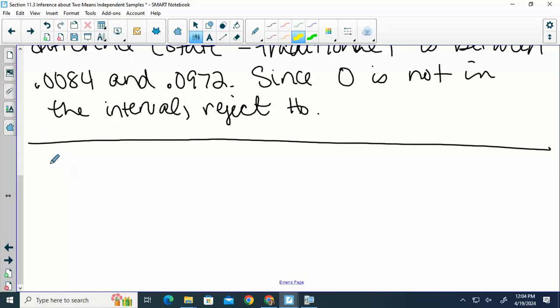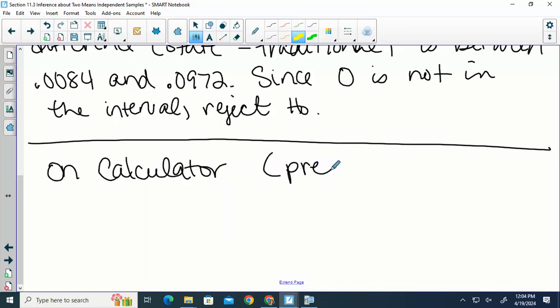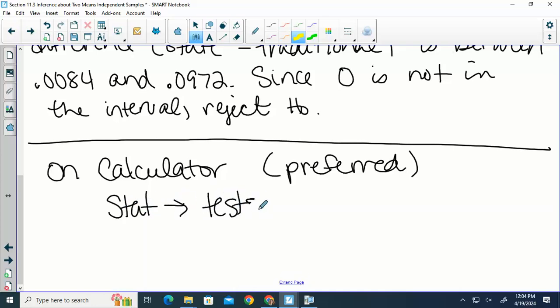We can also do it on the calculator, and again, this is going to be the preferred way. We go to Stat, Tests, two-sample T interval.